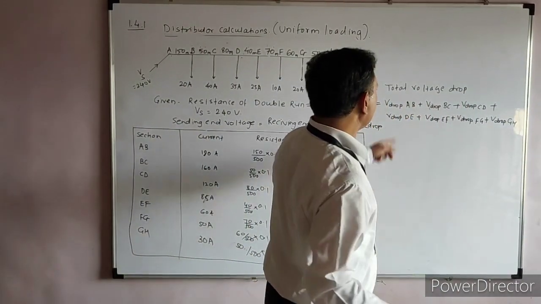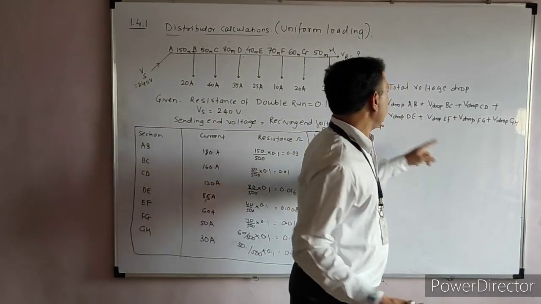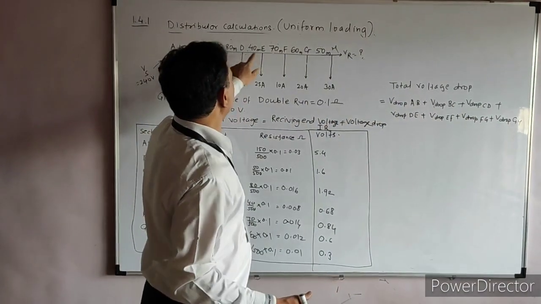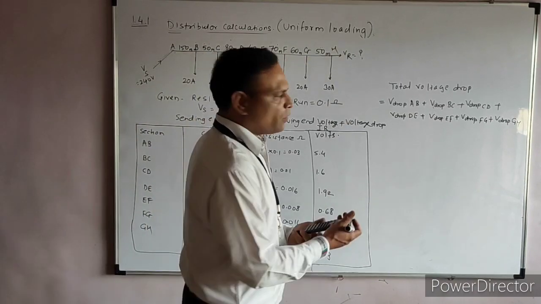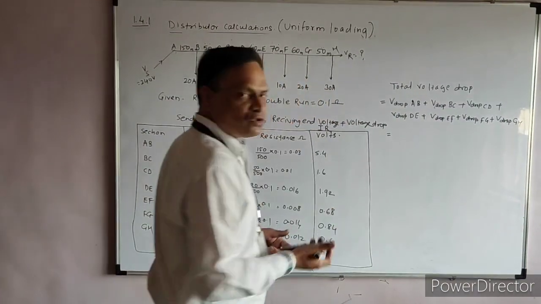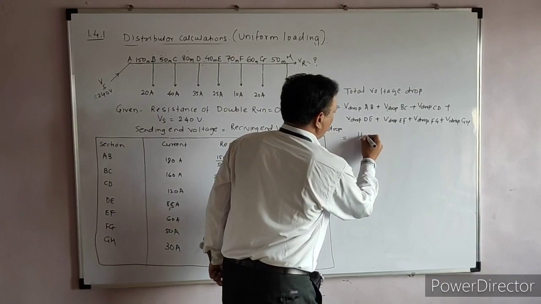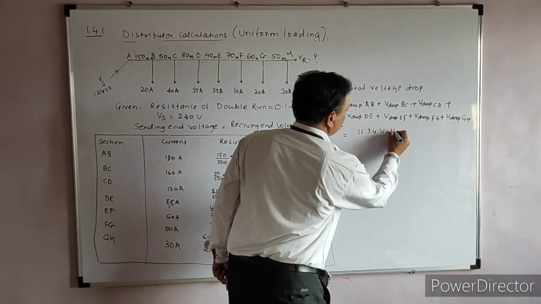That means 1, 2, 3, 4, 5, 6, 7, all the drops I have jotted down. And now this value comes to be 11.34 volts.